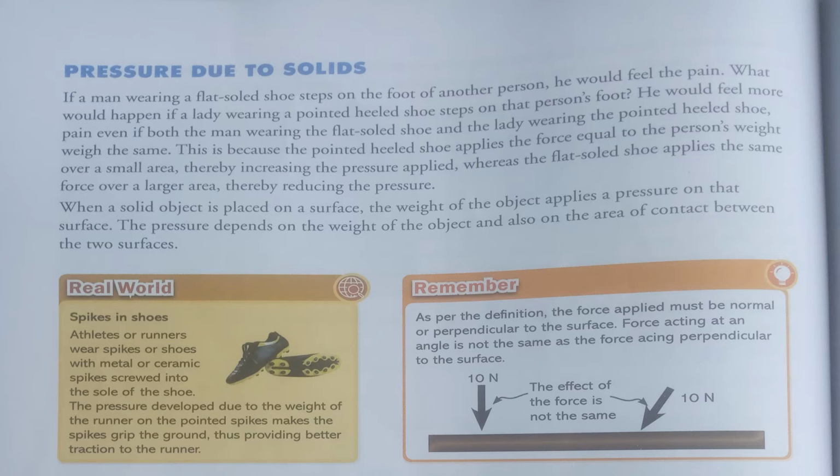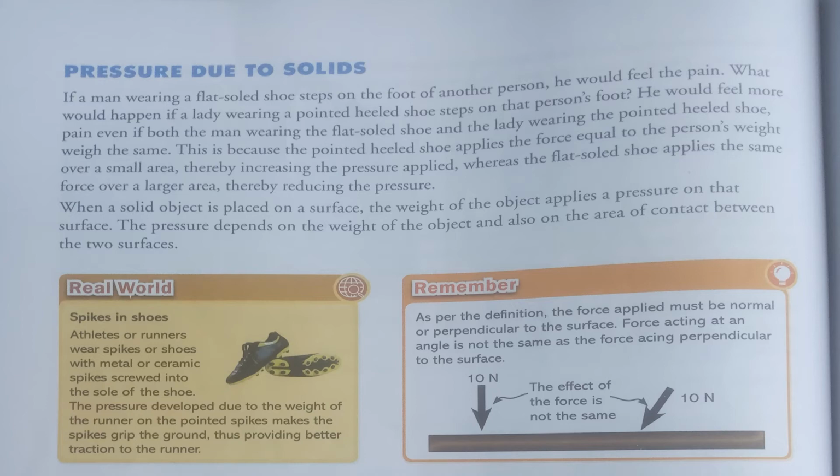For example, when the lady's shoe has a heel, which is pointed and sharp, the surface area is very small, so all the force is exerted from the small surface area, and as a result pressure increases.